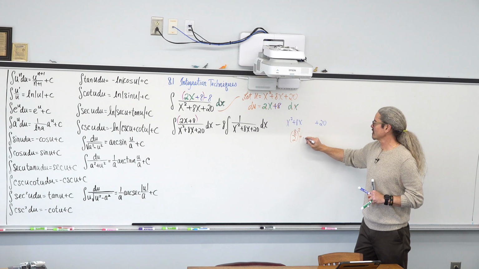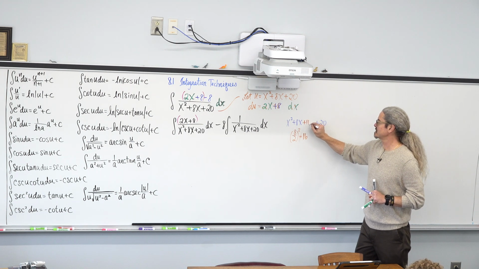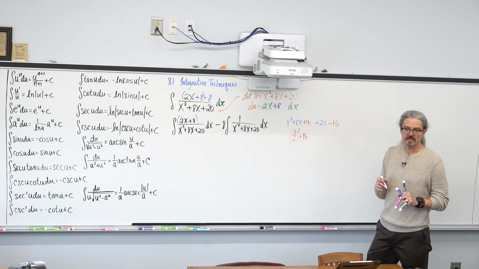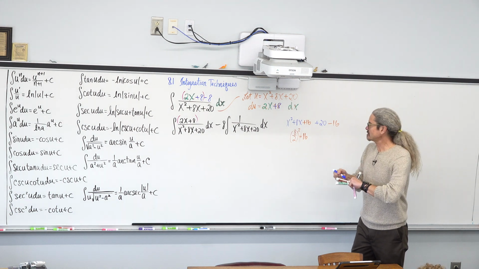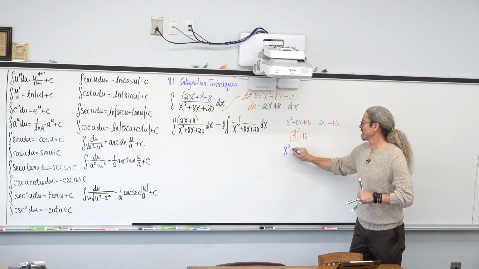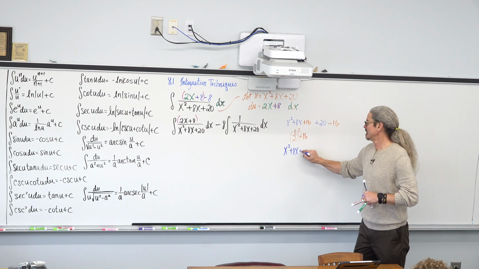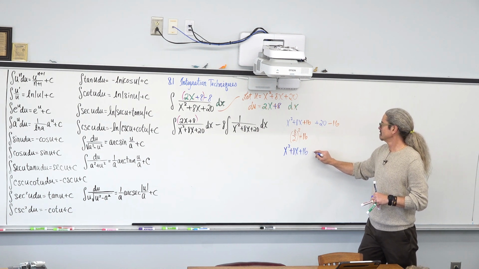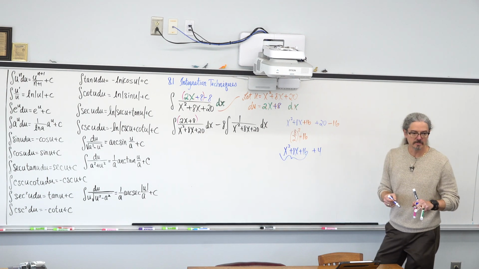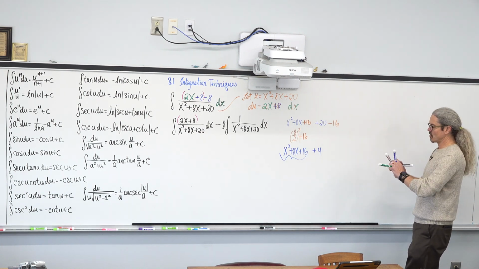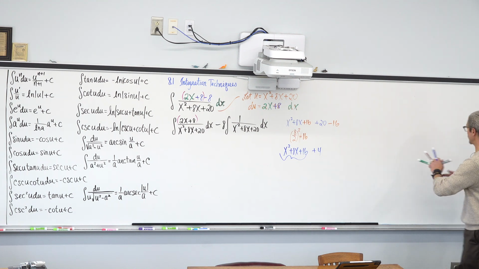That's going to come out to be 4 squared, which is 16, and we're going to add 16 and subtract 16. So we have x squared plus 8x plus 16, and then plus 4, and this is a perfect square trinomial, which is the whole point of completing the square.